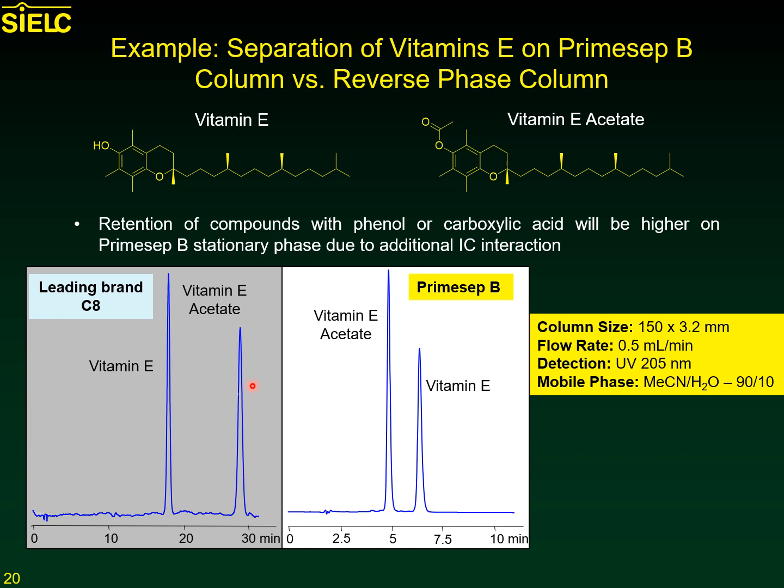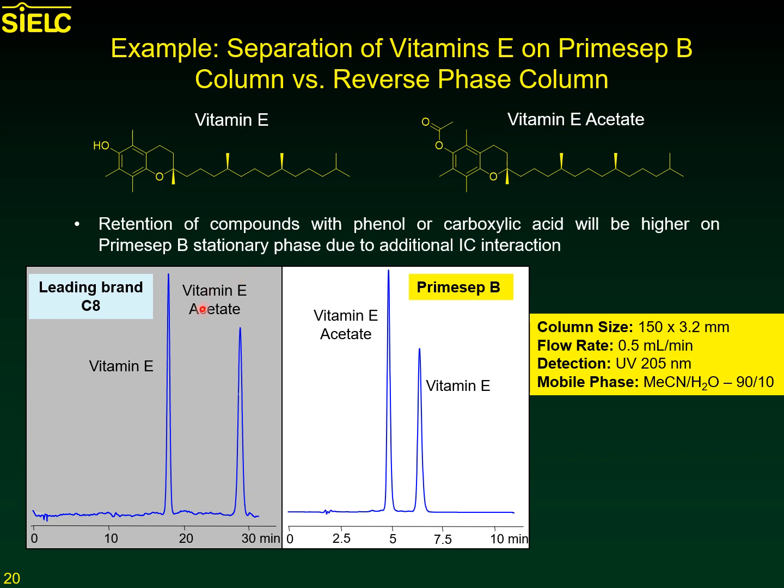The key reason for this difference in elution is the presence of the phenolic group in vitamin E. This group interferes with hydrophobic interaction. This is partly why the vitamin E acetate elutes second, because the hydroxyl group or phenolic group has been protected by an acetate group.